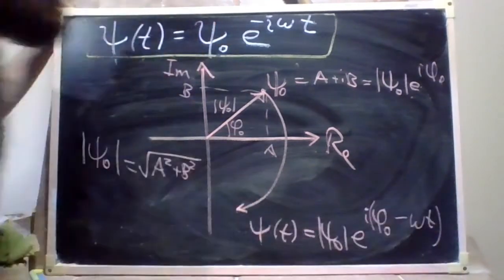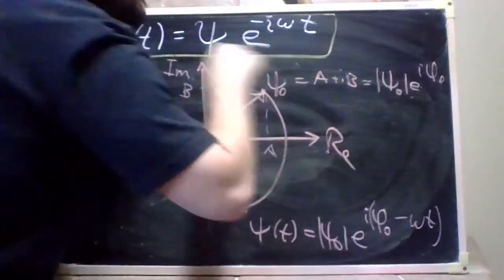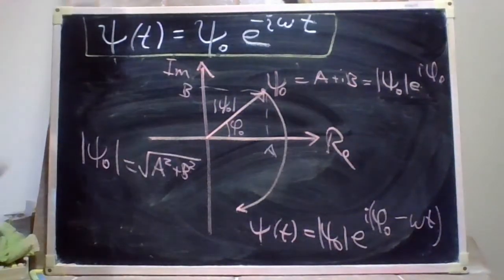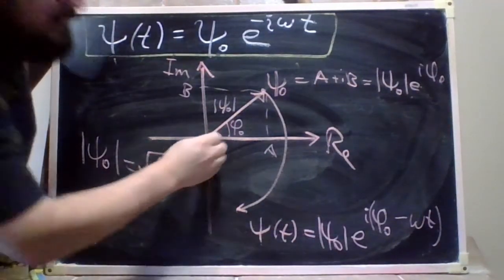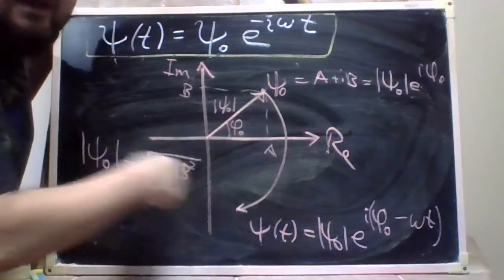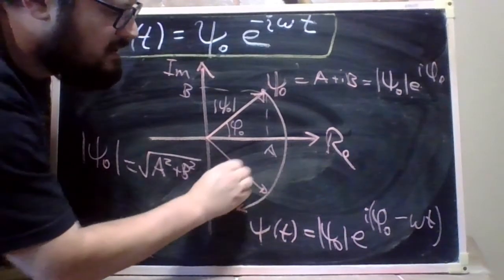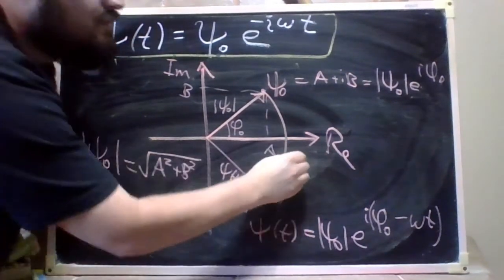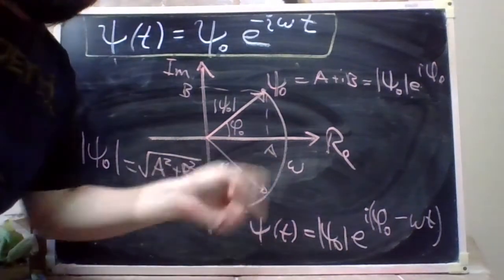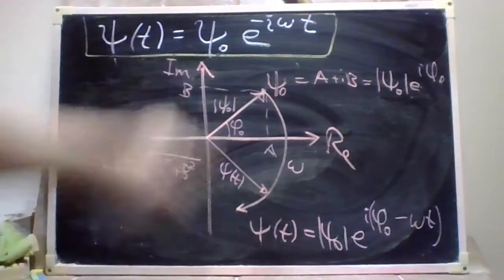For any other instant of time, it is just multiplying this complex psi 0 in the polar form, all right? So this function rotates in the complex plane. In a given instant of time, it will be here, and it rotates with an angular frequency omega. All right, this is the angular frequency of rotation of this complex number in the complex plane.